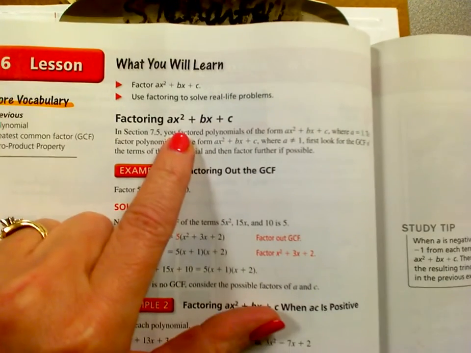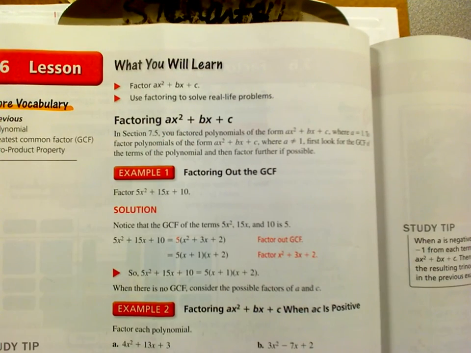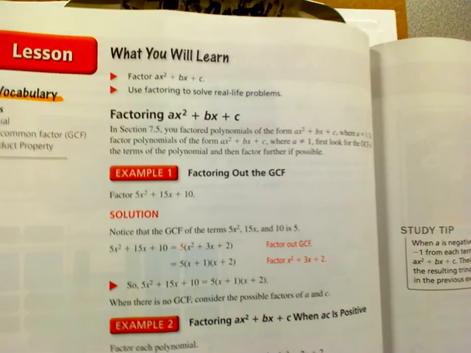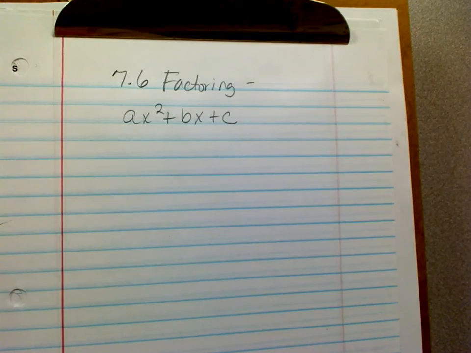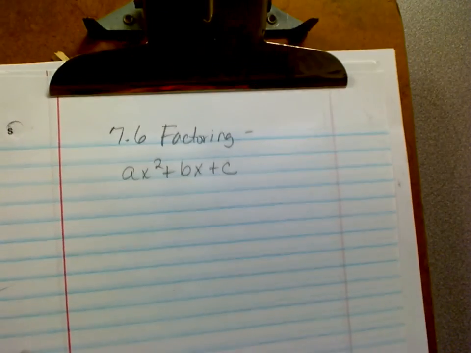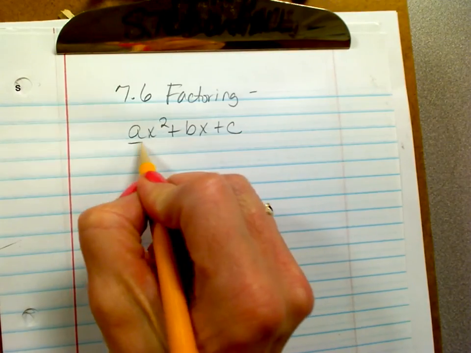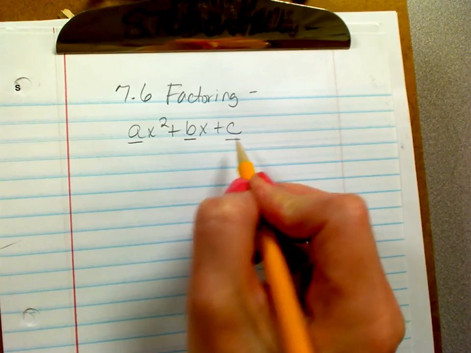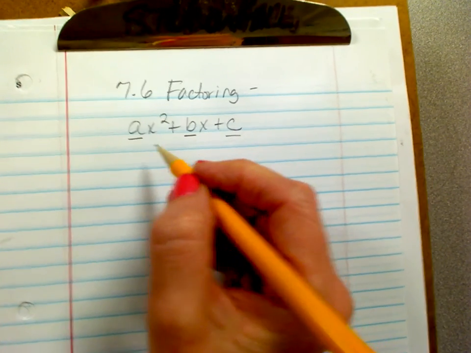And factoring, when we have it in this format, x squared plus bx plus c, we're going to talk about what these letters represent. The A, B, and C all represent numbers.